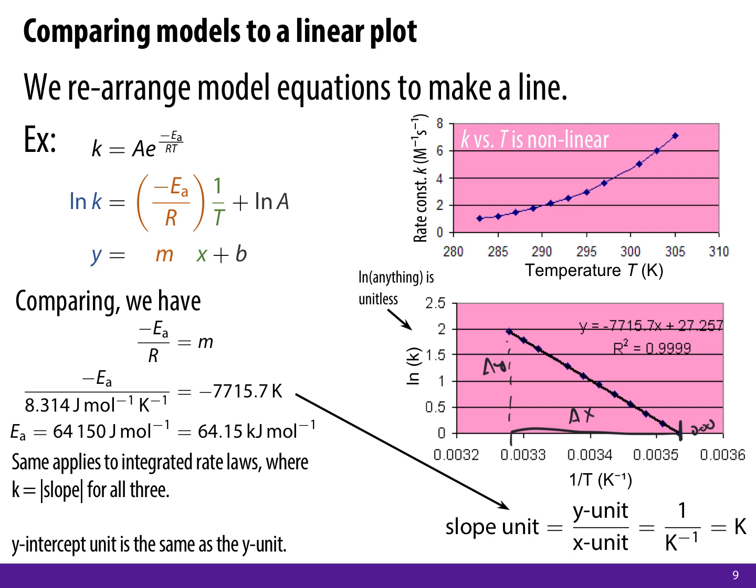Now the delta y over delta x, again, you don't need to do that because it did that for you when it made the line, but you do need to use that to figure out the unit. Because I'm taking delta y over delta x, I'm taking the y unit over the x unit, which is, again, in this case, ln of anything is unitless, so 1 divided by Kelvin to the minus 1 gives me Kelvin.